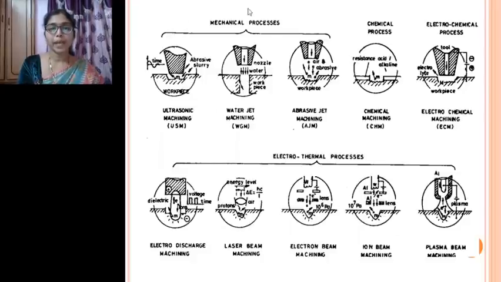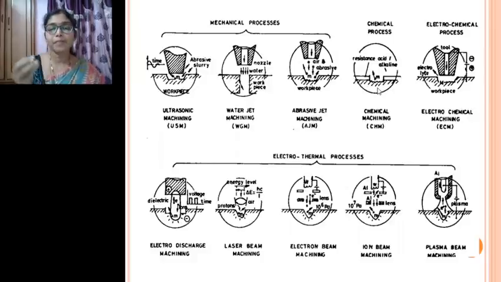So these are mechanical types of processes. Next, coming to chemical processes. As we have discussed, by using chemicals, you place the workpiece wherever we require. For example, if you want to show your face only up to a certain part, you put a mask, right? Only the eyes will be visible, the mouth will be visible.